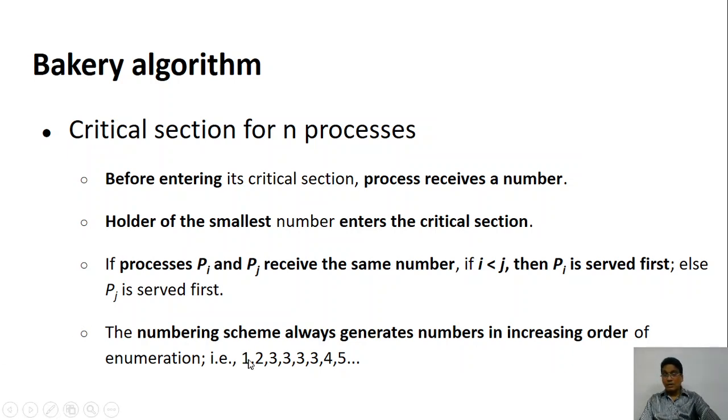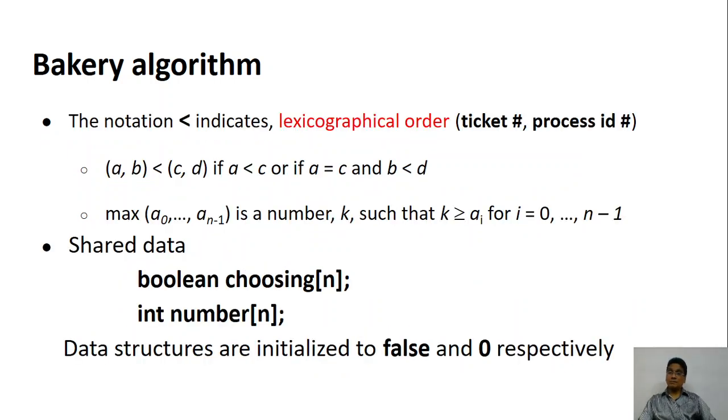You may have 1, 2, and simultaneously 4 have come, so all 4 are given the same number. If you have 4 processes with the same number, who is going to be served first? The one with the smaller process ID will be served first. So that's the idea.